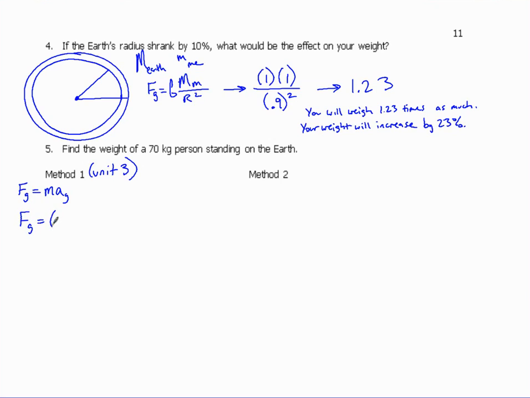So the weight of a 70 kilogram person, and the acceleration of gravity, we're going to use 9.8. The weight of this person is 686 newtons.